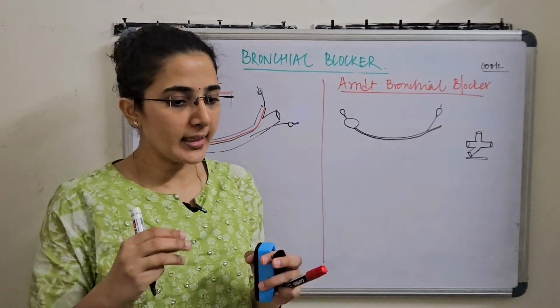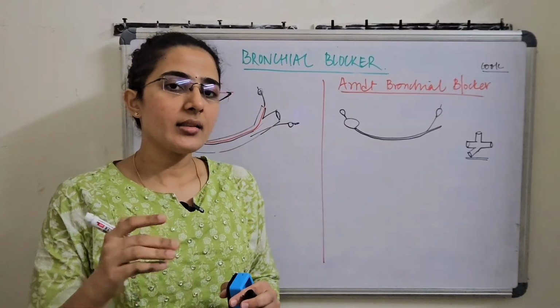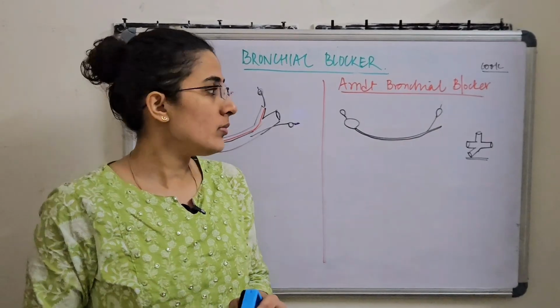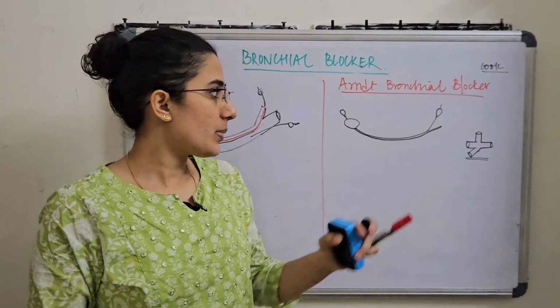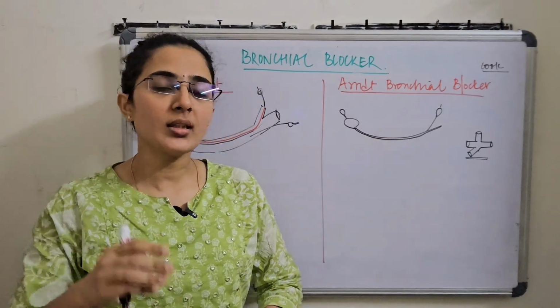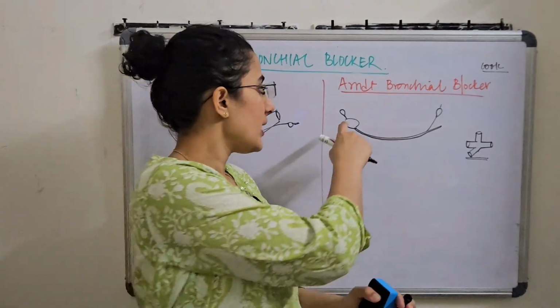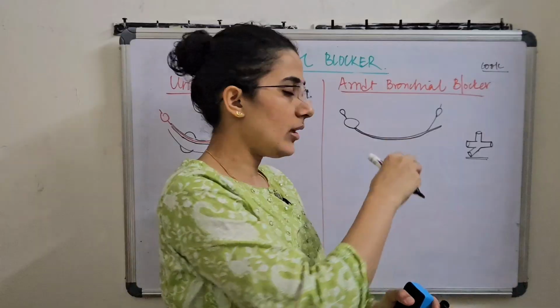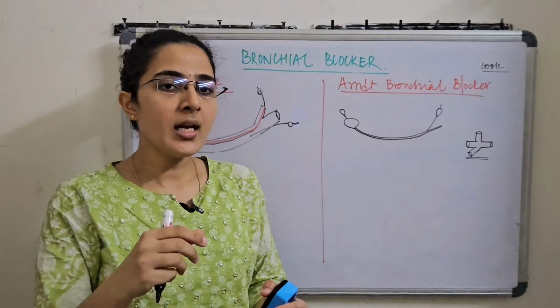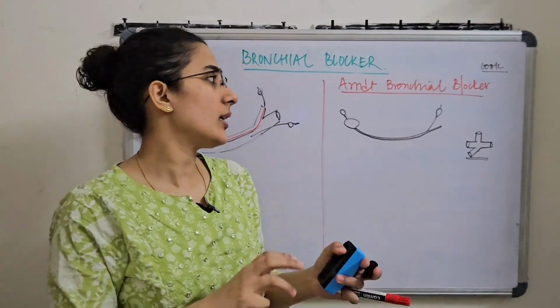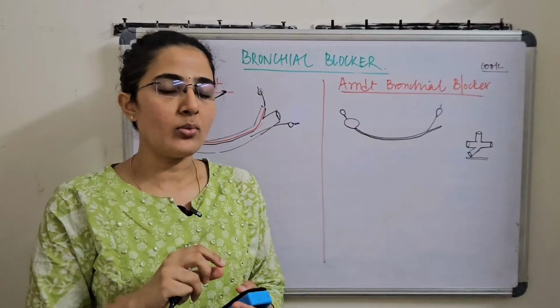First we have to intubate the patient using a single lumen endotracheal tube. After we do that, we can pass this bronchial blocker through the endotracheal tube. First we have to position the nylon wire along with the FOB, and we have to guide this blocker into the tracheal lumen.